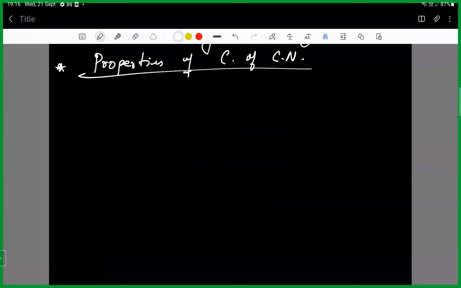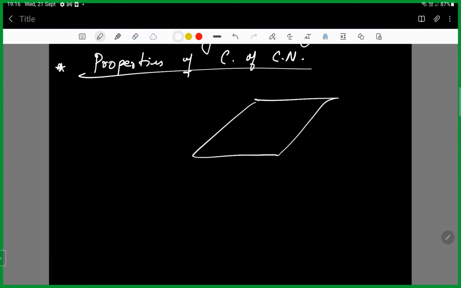Again, 360 degrees is only a property of a circle. It's not because it's 360, because the sum of interior angles of a square or a rhombus is also 360. So this is not a circle.